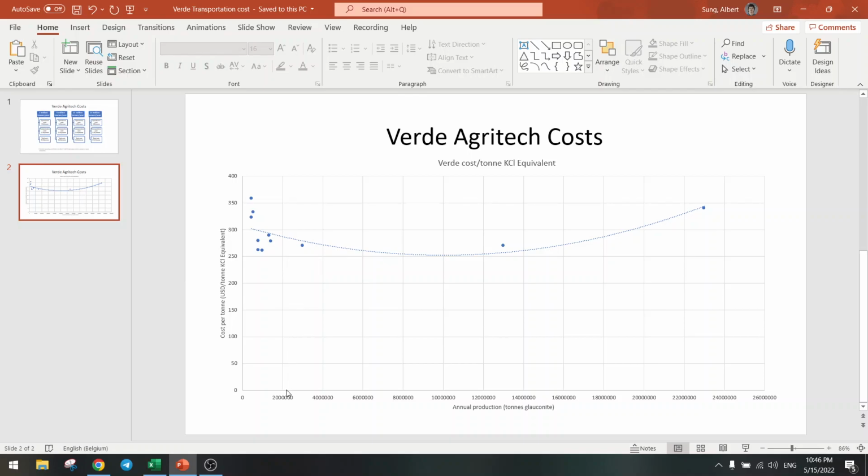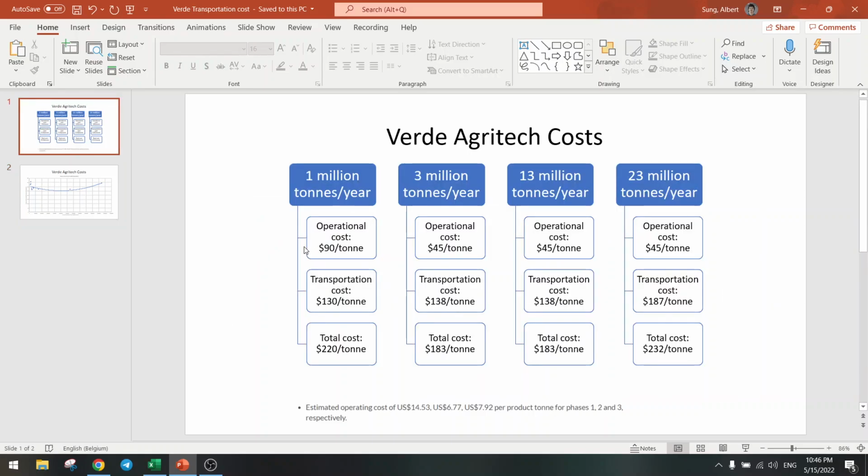So at full capacity, that's around 3 million tons here. And I have already added it here. It's 270 cost per ton. So this will probably go down to 270. And that's also calculated from here.